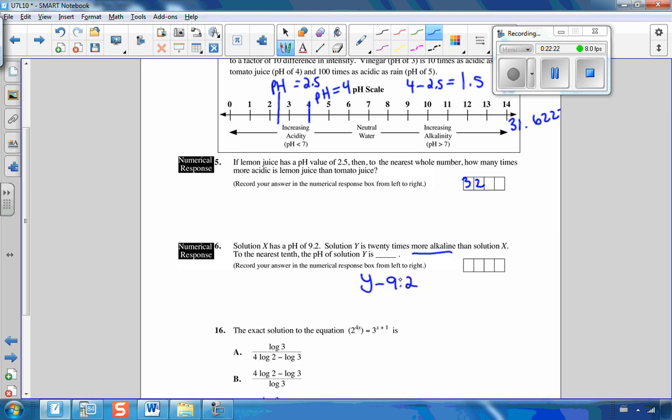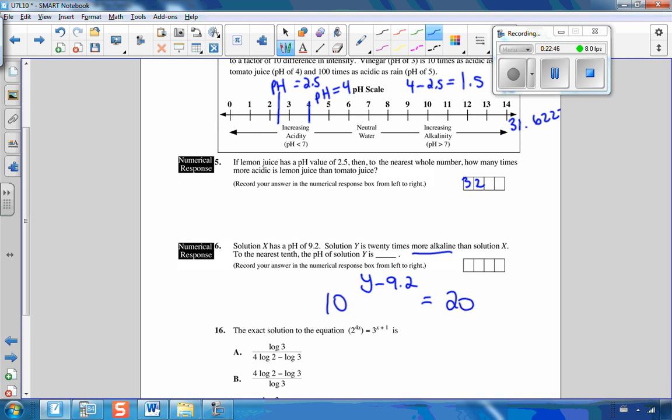That unit change is going to correspond to an intensity change, so the intensity level is 20 times. Normally we're solving for that, like the last question, but this time we're solving for the pH. So intensity factor of 10 to the power of (Y minus 9.2) is going to equal 20.